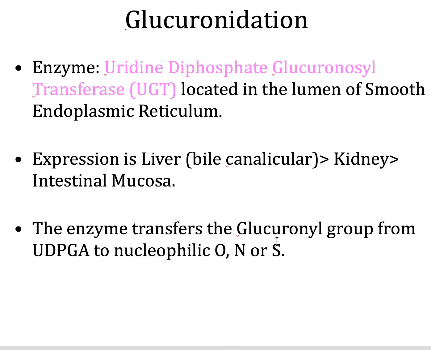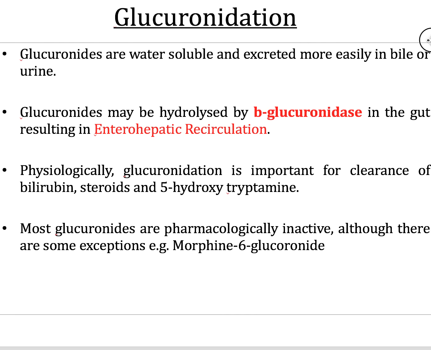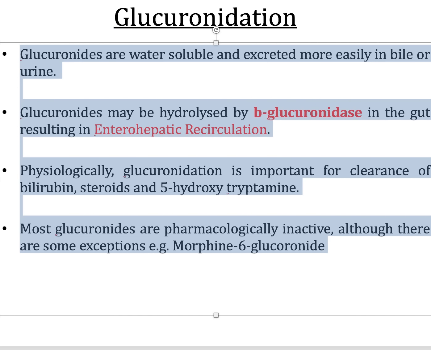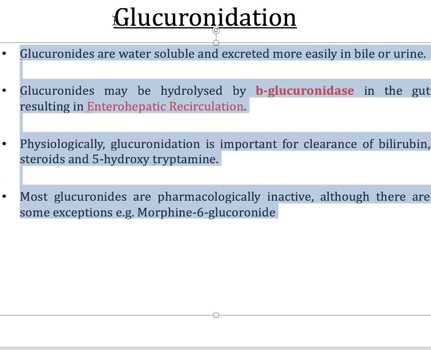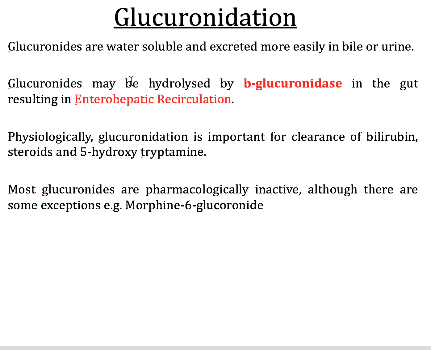The enzyme transfers a glucuronide group from UDPGA, a rich and abundant donor, to nucleophilic groups such as O, N, and S. If I make this a bit smaller, sorry, because I know you can't see very well. Glucuronides are water soluble and excreted more easily.